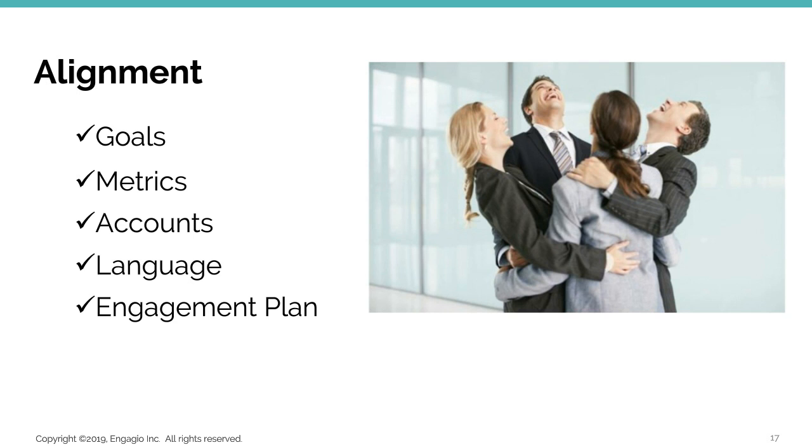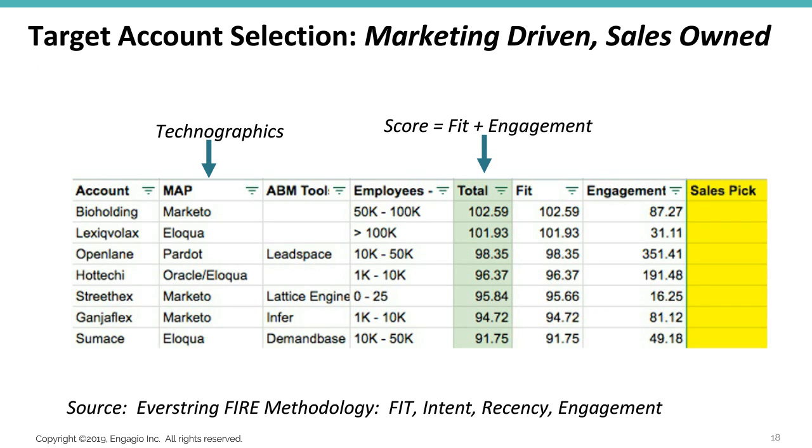Okay, this is the section I had on target account selection and how you can use engagement as you're picking your target accounts. So this is an example model. At Engagio, we bring in fit, intent, recency, and engagement, and some technographics as well when we define our total score, and we give that to our sales team to pick their target accounts.